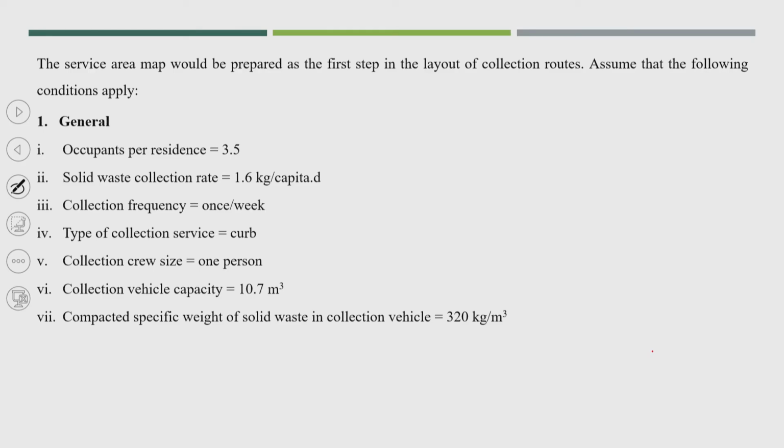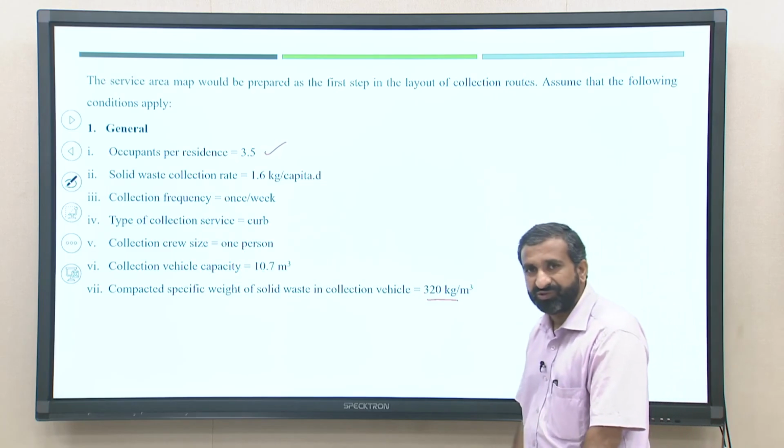The occupants per residence: we saw that we have 2, 6 and 12 residences, and for each residence the occupants are 3.5 persons, collection rate 1.6 kg per capita per day, collection frequency once per week, type of collection service is curb, collection crew size is 1 person, collection vehicle capacity 10.7 meter cube, and the compacted specific weight of solid waste in the collection vehicle, that is the density, is given as 320 kg per meter cube. Okay. So, we will go for the solution.